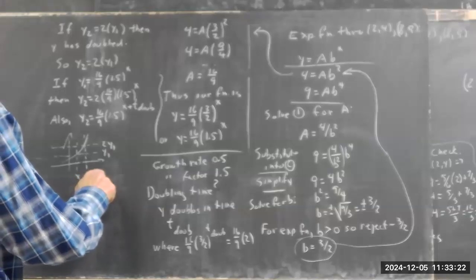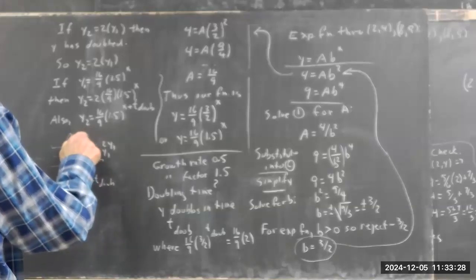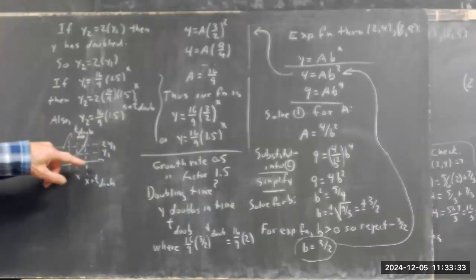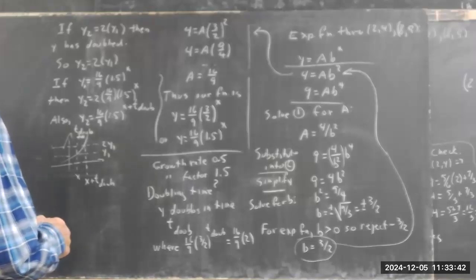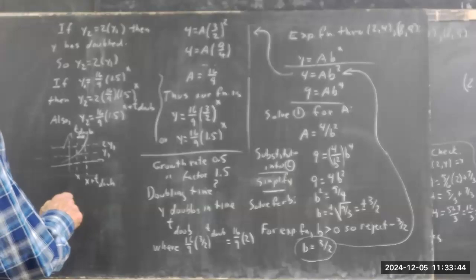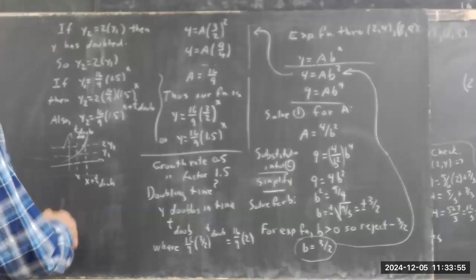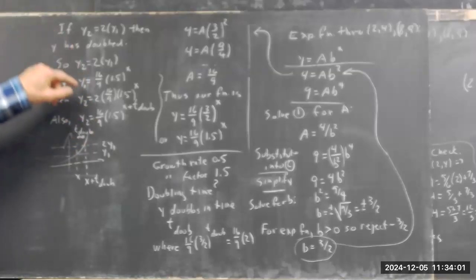And the x here is x plus t double. T double is the time between this and this. So you have this set of equations. Then y2 equals 2y1. Y2 is this, y1 is this.